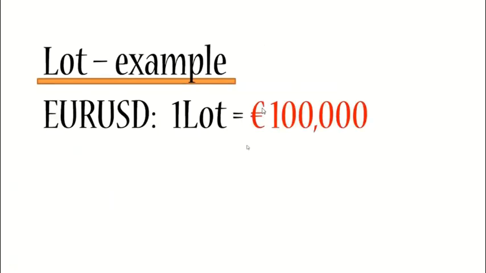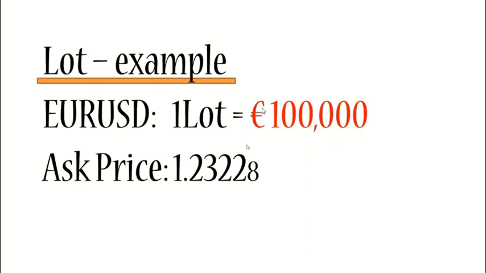Let me make an example. Let's say you purchased the Euro USD at one lot. That would mean you purchased 100,000 units of base currency, so that's about 100,000 euros. You understand?